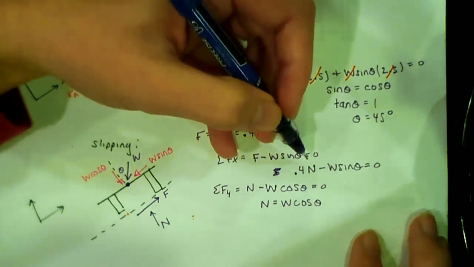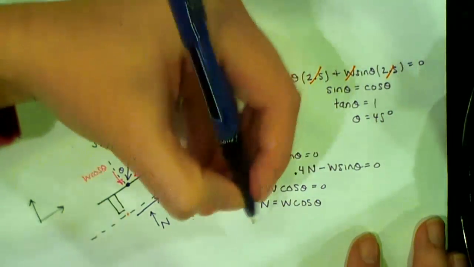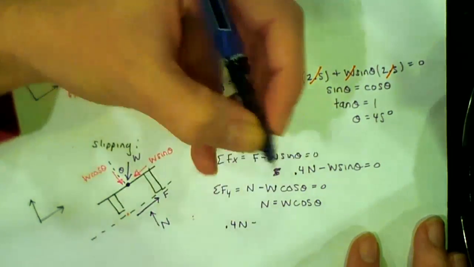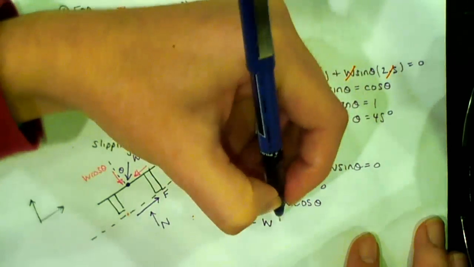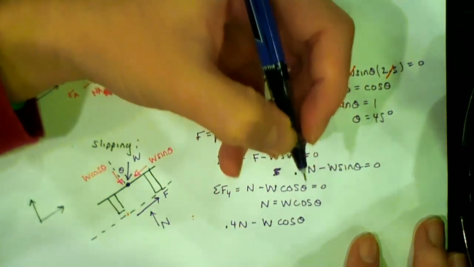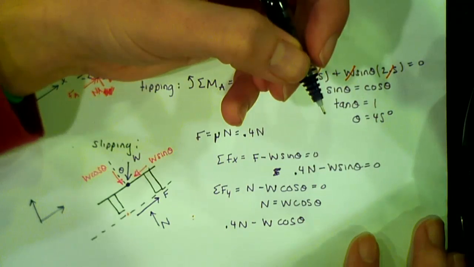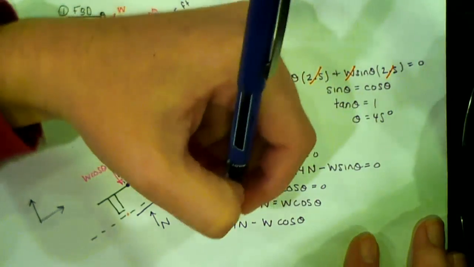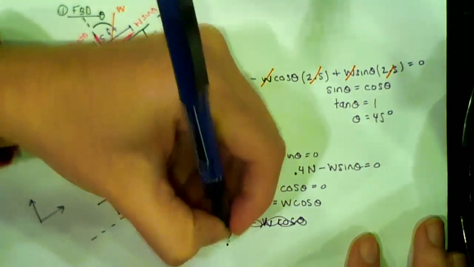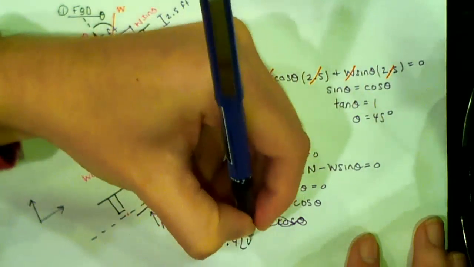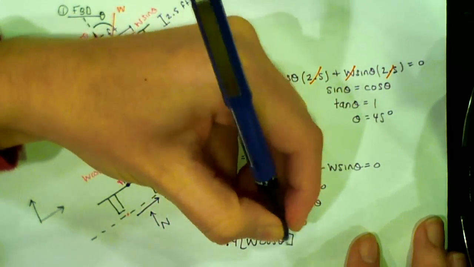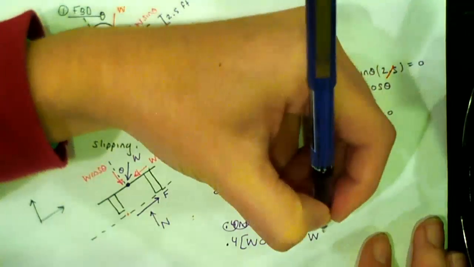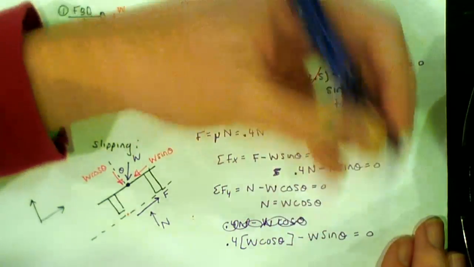I can take that and plug it into the first equation. I plugged it into the wrong spot. 0.4 times W cosine theta minus W sine theta is equal to 0.